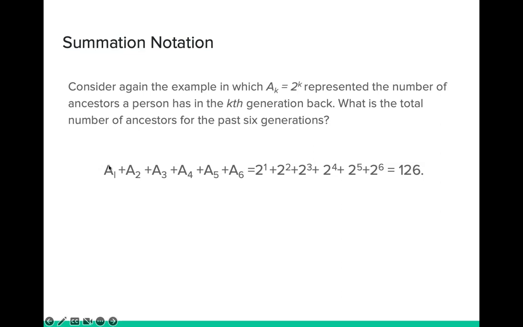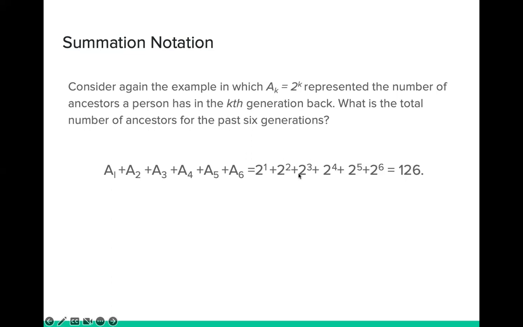So we know that a sub 1 will be equal to 2 raised to 1 because the number of ancestors a person has in the first generation will be only his parents, right? And then on the second generation, it will be 2 raised to 2 because we will be counting the parents of the mother and the parents of the father. So that will be equal to 4, which is equivalent to 2 raised to 2.